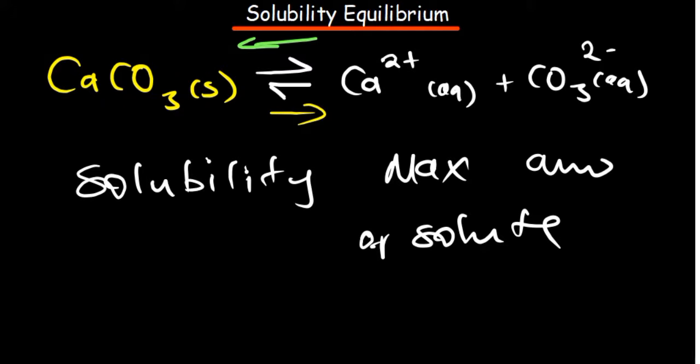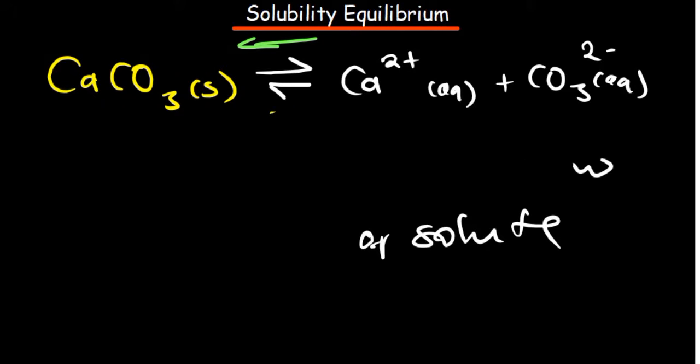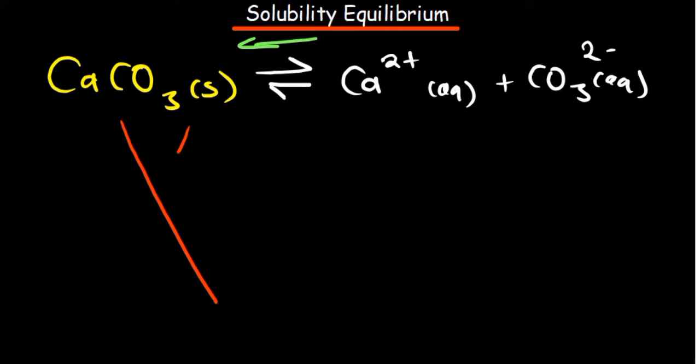We can look at the same equation as an example and understand how the KSP depends on what we have. If we've done chemical equilibrium, we understand that solids do not appear in the K expressions. In this case, our K is referred to as the KSP, which stands for solubility product.